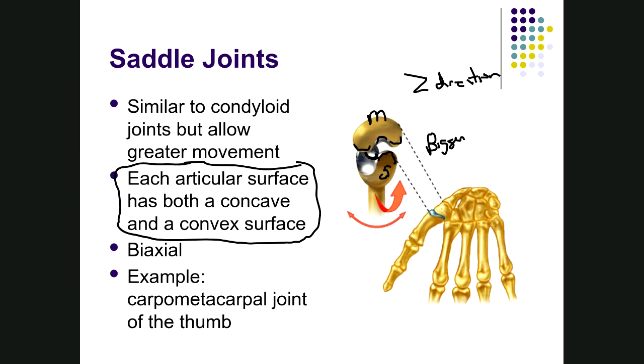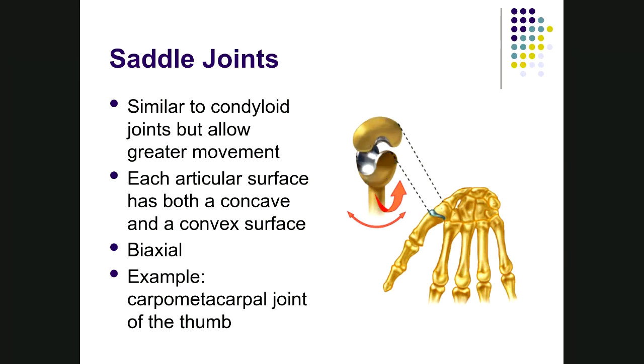Humans only have one saddle joint in their whole body, and that's right here. It's at the thumb. Where your thumb attaches to your hand, right there is a saddle joint. And so your thumb can make a lot bigger movements than the rest of your fingers.